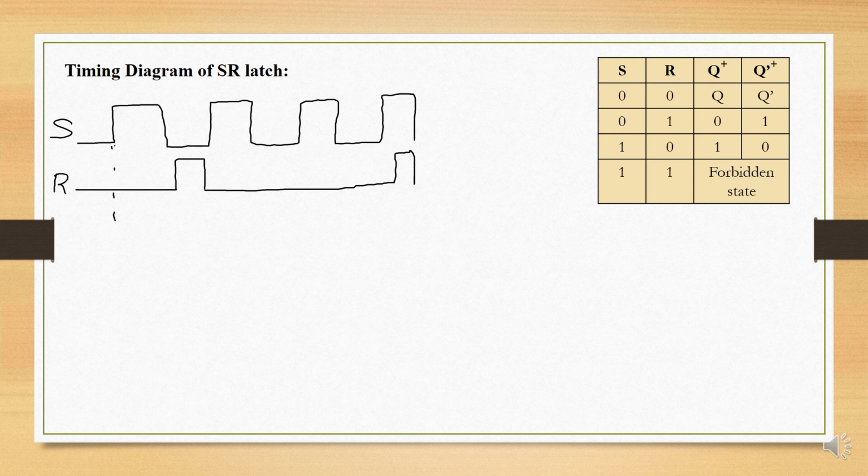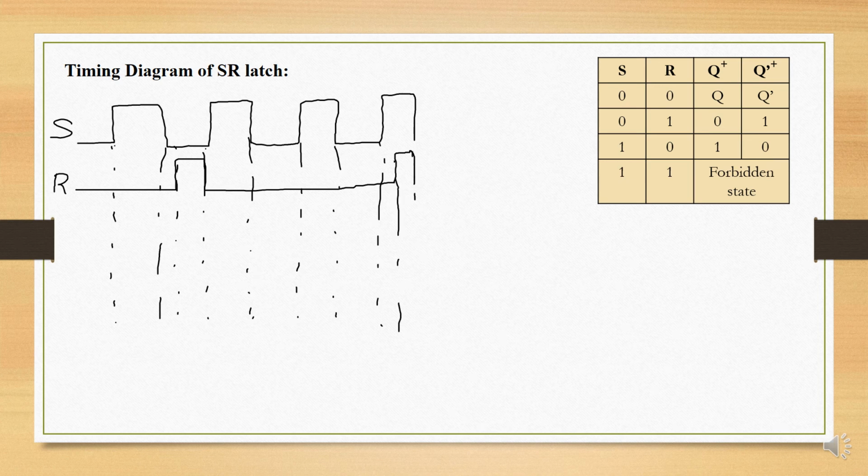So let us draw the dotted line for every transition of S and R here, so that we can plot Q. So the dotted lines are extended. Now by looking at the function table of SR latch, we can draw the output waveform Q here.